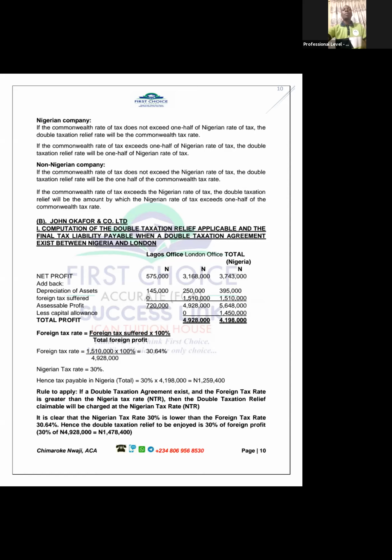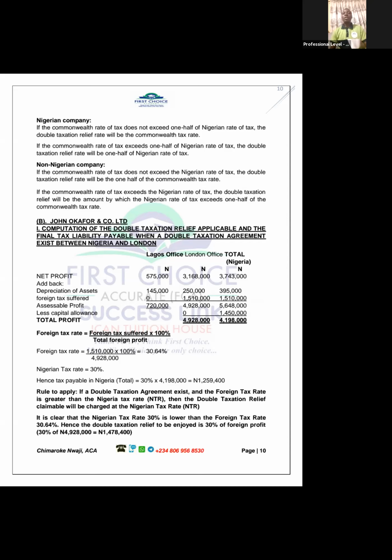Now, the rule to apply, it says here, if a double taxation agreement exists and the foreign tax rate is greater than the Nigerian tax rate, which is clearly seen, then the double taxation relief claimable will be charged at the Nigerian tax rate. So it is clear that 30% is lower than 30.64. So we're going to use 30%.